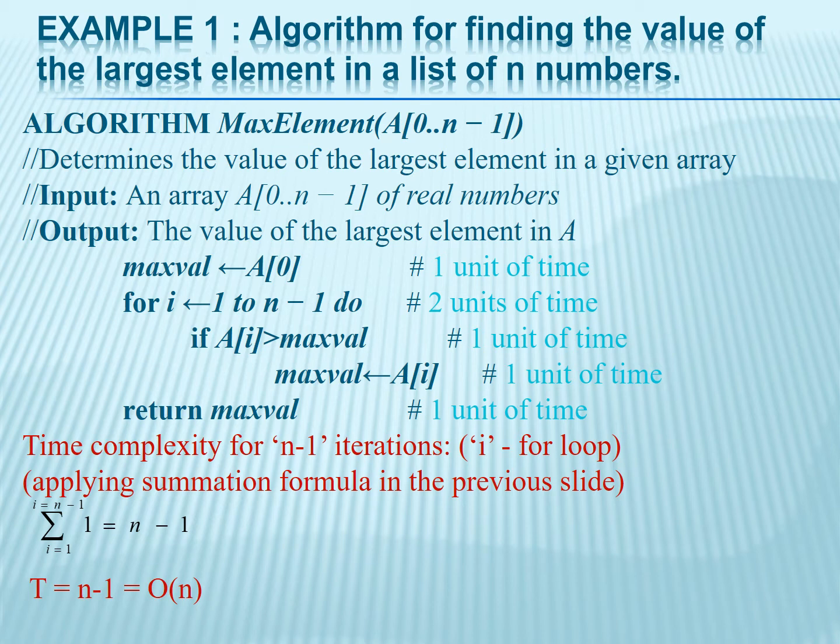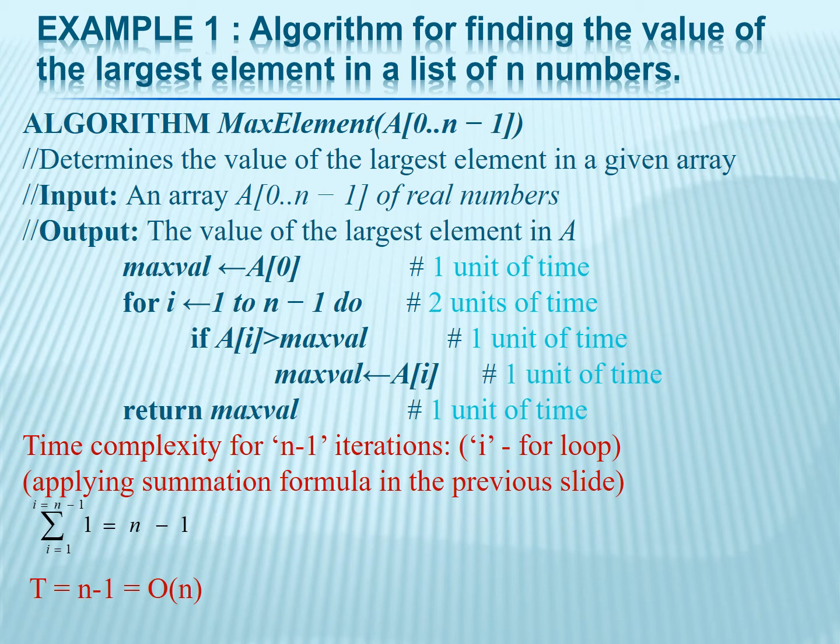So, the time complexity of the n minus 1 iterations in the i for loop is given as sigma i equals 1 to n minus 1 of 1, because the statements inside the for loop take 1 unit of time for execution.